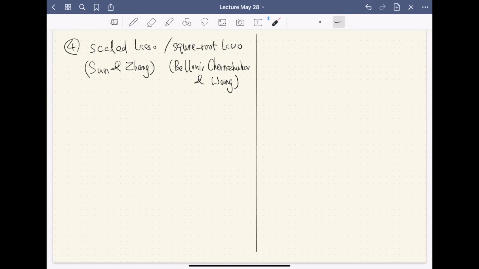Well, this is the motivation of scaled lasso. Scaled lasso works with a different penalty, a different objective function. The objective function is a joint function of beta, the regression coefficient, and sigma, the standard deviation. It is defined in this way.